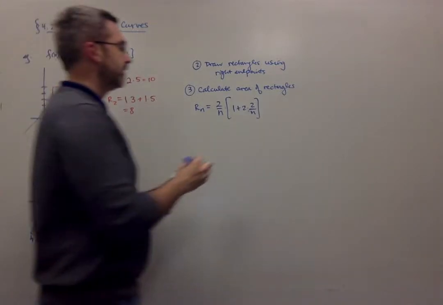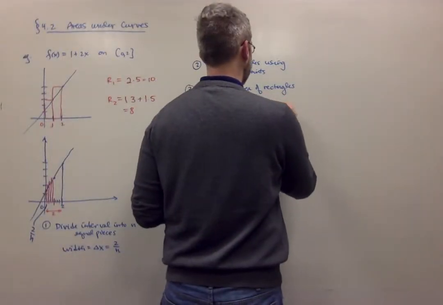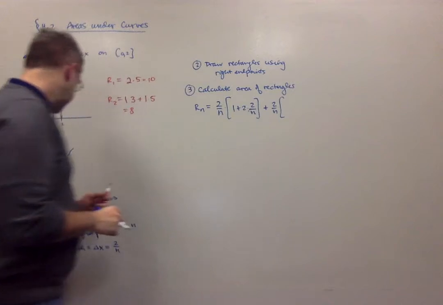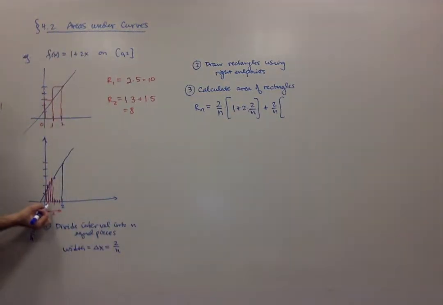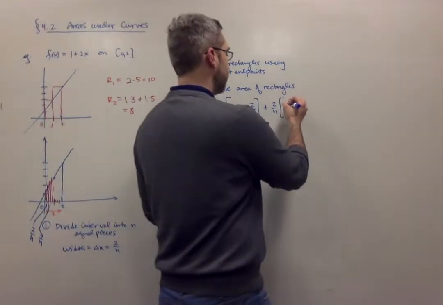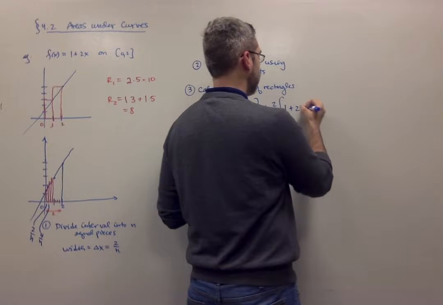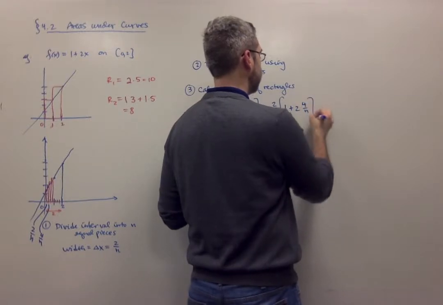Next rectangle is 2 over n wide, and the height is what I get when I plug this right endpoint in. For the first endpoint I got 2 over n, the second endpoint is going to be at 4 over n. So I'm going to plug that into the function. Instead of 1 plus 2x, I'm going to get 1 plus 2 times 4 over n.